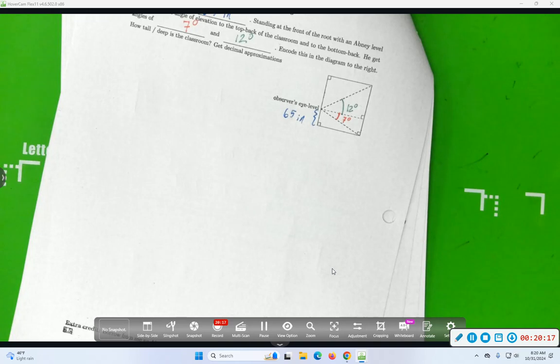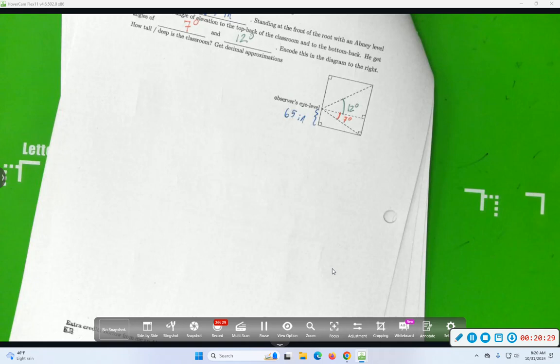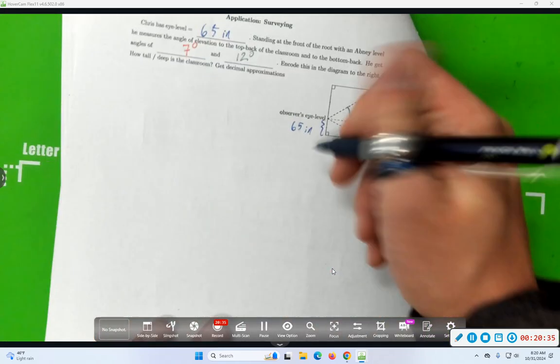So here's the game we want to play. Take this diagram, try to figure out other side lengths in this diagram. And our goal is that opposite wall. So I'm going to label some points on this diagram.